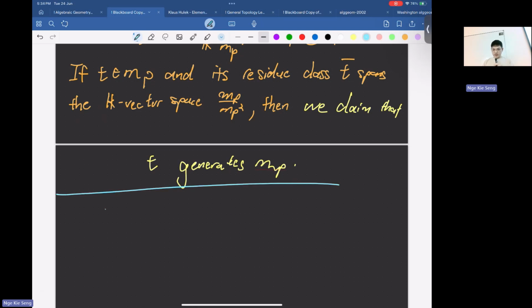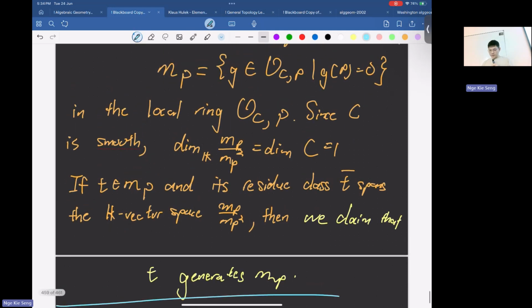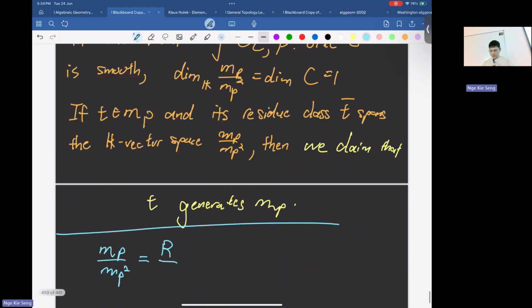Let's say MP over MP squared is generated by, in this case we should take what's my ring? OCP.